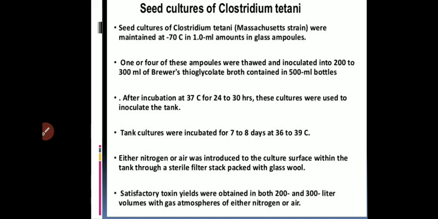For the preparation of inoculum, near about 200 to 300 ml thioglycolate medium is taken. In that medium, 2 to 3 ampules are broken and the culture is added. After the inoculation of Clostridium tetani from the ampules into the thioglycolate medium, it is incubated at 37 degrees Celsius for 24 to 30 hours.